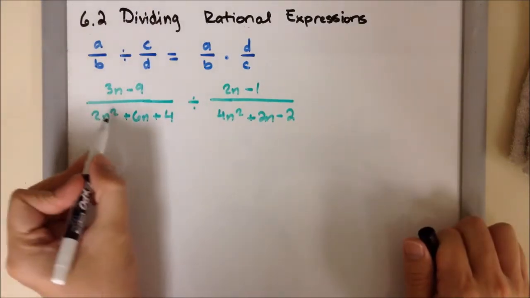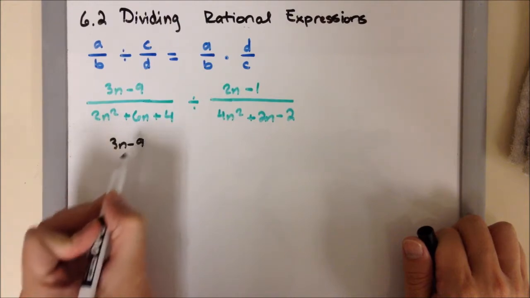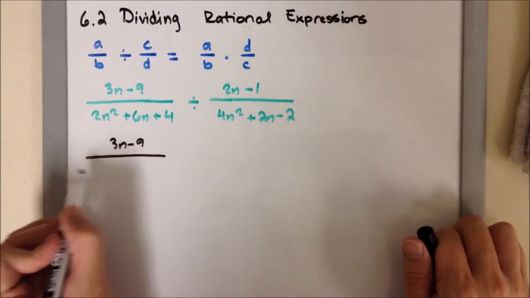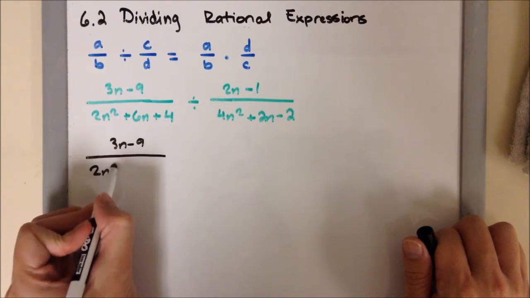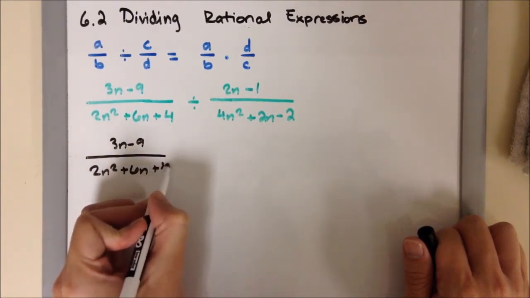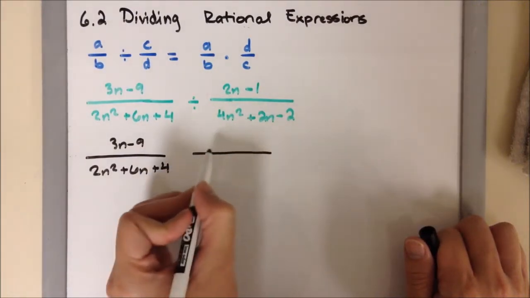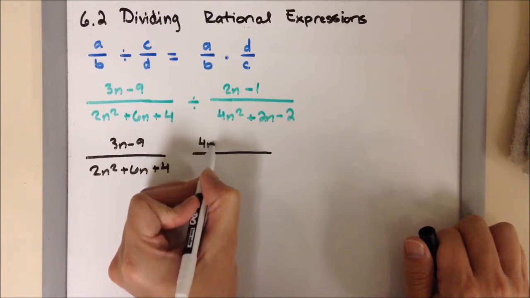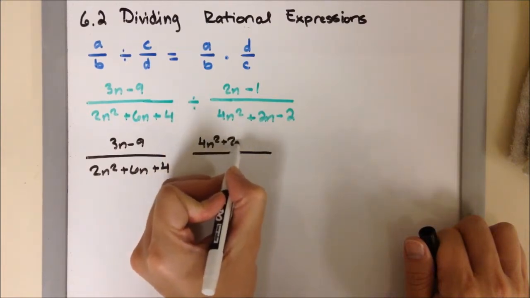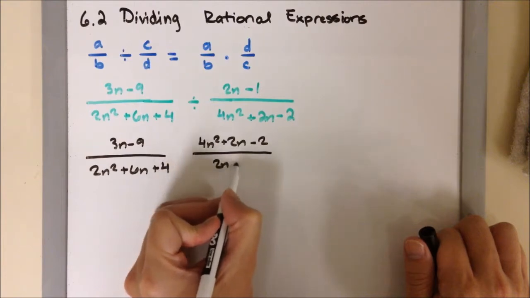The first fraction stays the same, and then I'm going to flip the second fraction: 4n squared plus 2n minus 2 on the top, and 2n minus 1 on the bottom.